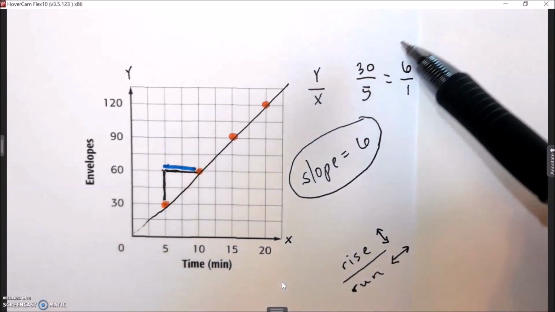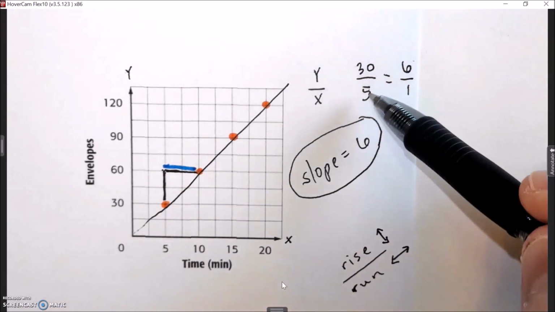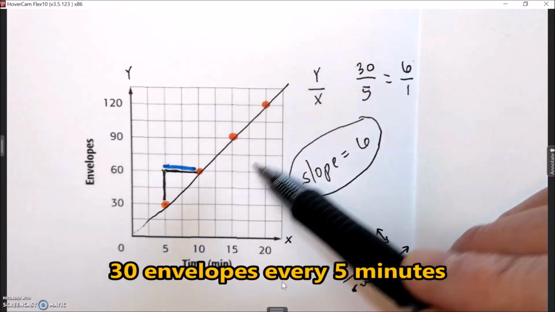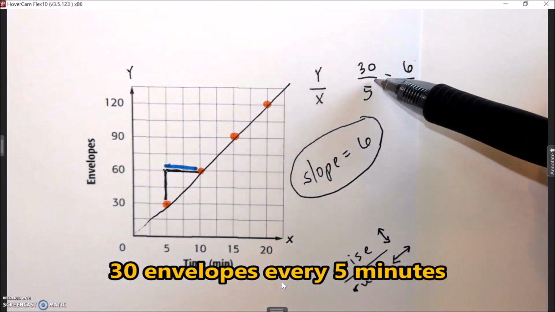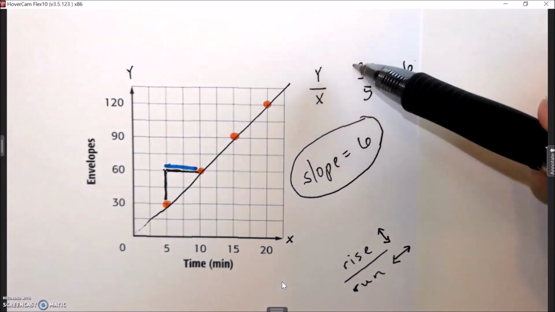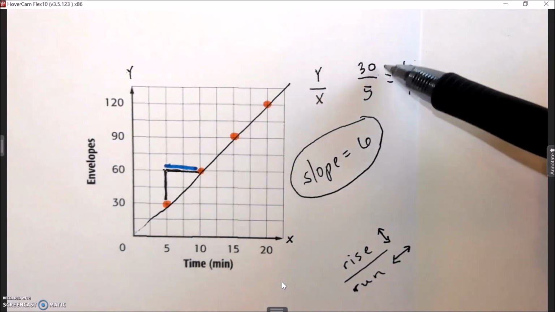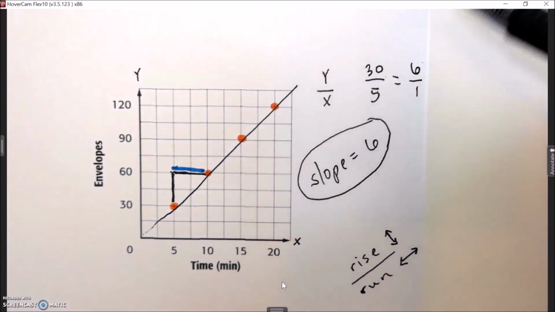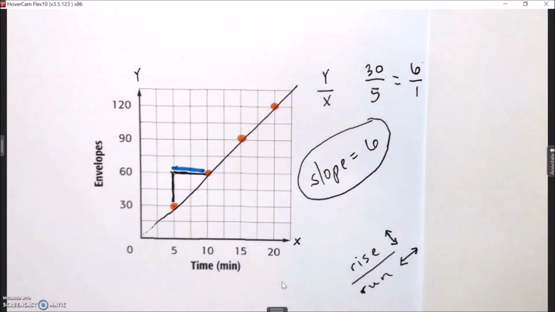Now this is the same thing as up 6 over 1, except they increased it. They went up 30 over 5. It's the same thing. Gentlemen, ladies, these are equivalent, okay? These are the same equivalent fractions. This is just kind of like the fraction on steroids, all right? So, I hope you understood that. That's how we found the slope for that guy.